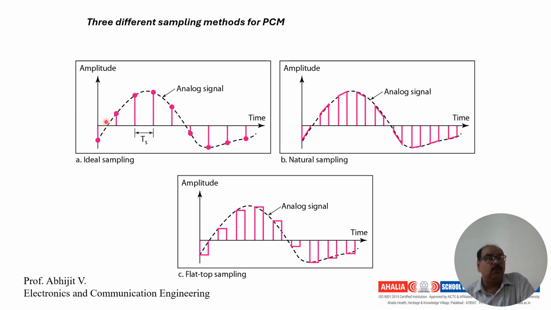This will be the condition when it is ideal sampled, natural sampling and flat top sampling. Three different sampling methods for pulse code modulation. So what do you understand by sampling? What are the different types of sampling? These are all possible questions in your examinations.